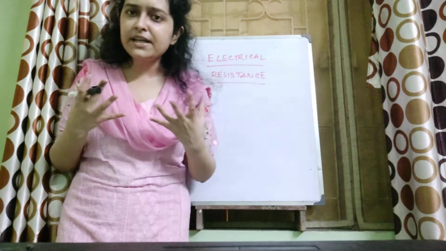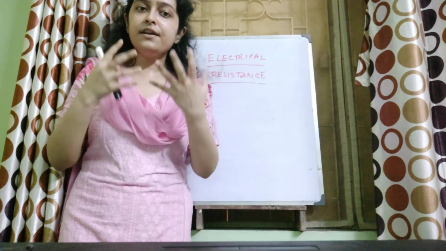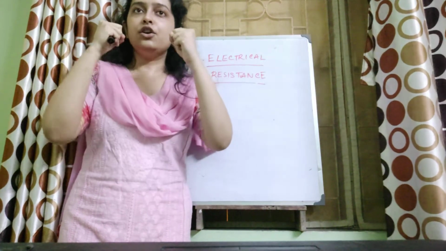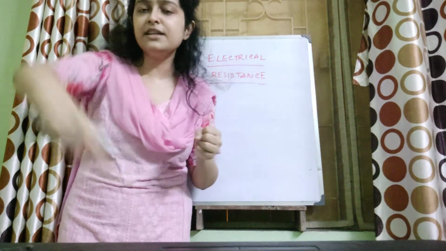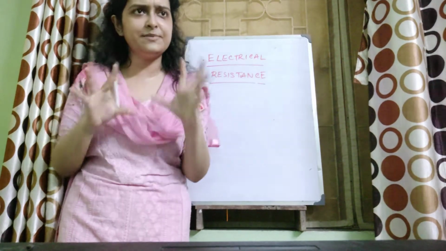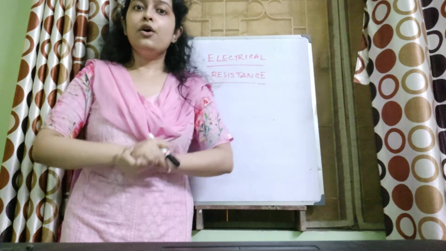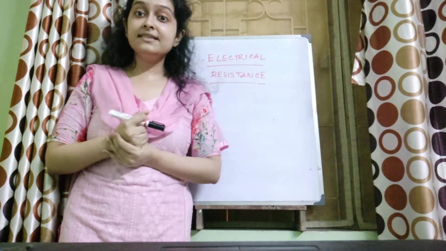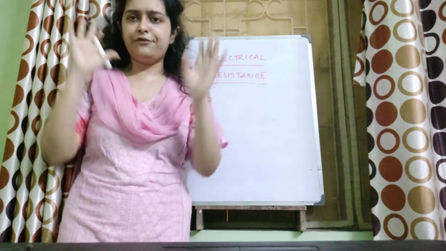It is a property of a substance by which it can offer resistance. It can obstruct, it can hinder the path of electric current flowing through it. That is electrical resistance. Some substances are very good. They don't offer much resistance. Those are known as conductors. Through them, current can easily flow.